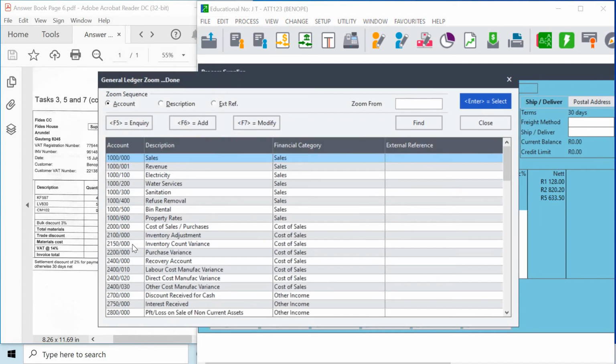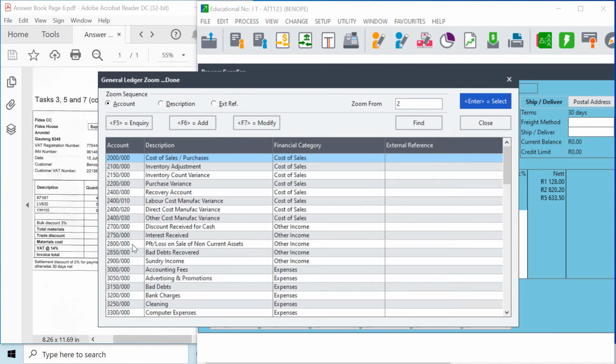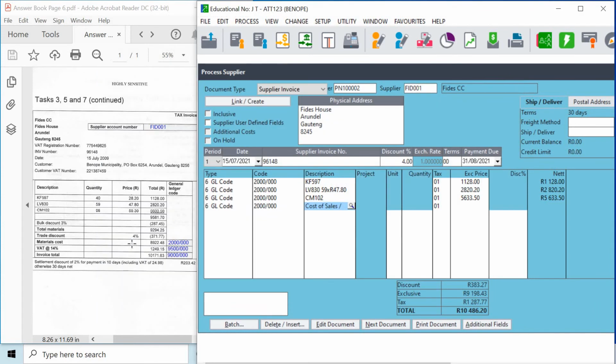So we again use our 2000 cost of sales purchases, and in the description we put in bulk discount 3%, as it is on our invoice in the question book.